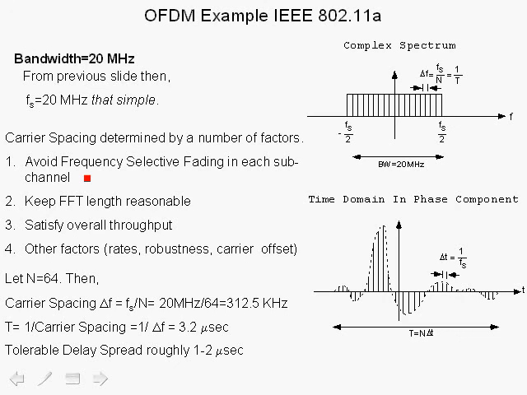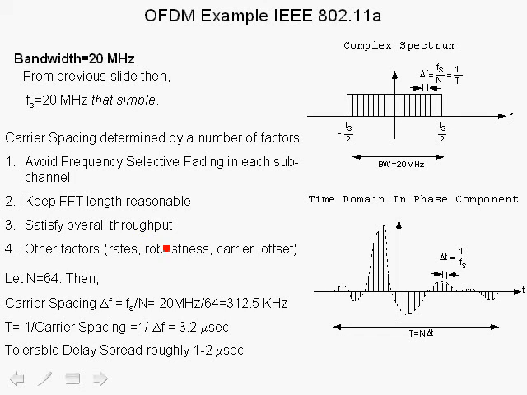So you do not want to have frequency selective fading within a subchannel. You typically want the subchannel to be narrow enough so that you have flat fading. You want to keep the FFT length reasonable, and you want to satisfy overall throughput, which puts a constraint on the minimum number of carriers that you are going to use.